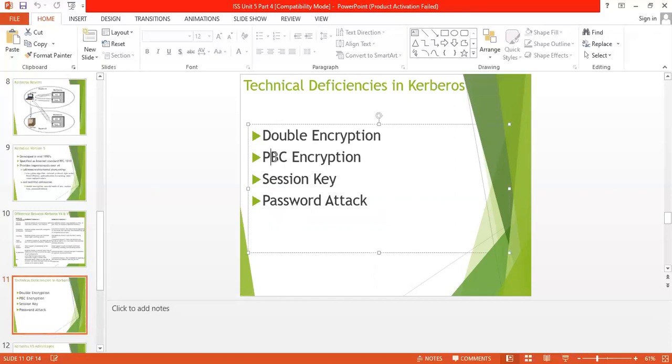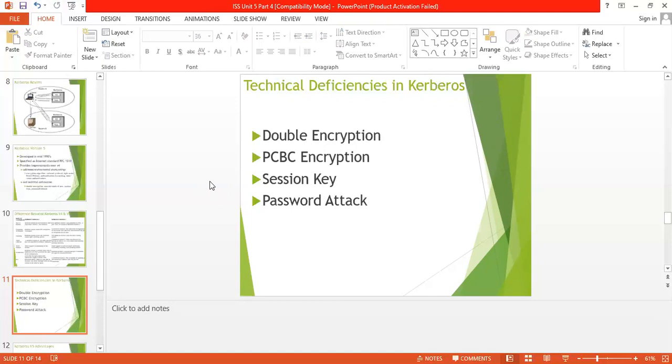First, we discuss the double encryption. Basically, double encryption means the tickets provided to clients are encrypted twice. First, it is encrypted with the secret key of the target server, and then again with a key that the client knows. So this is the double encryption.